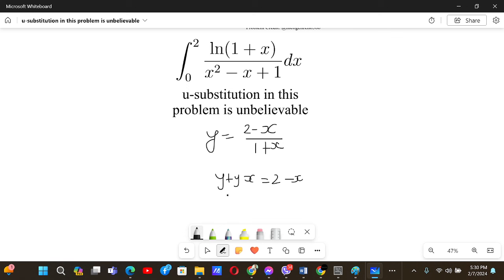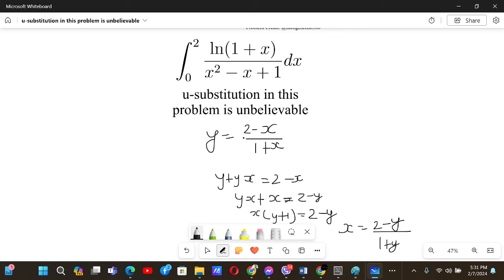That gives us yx plus x equals 2 minus y. Then x times (y plus 1) is equal to 2 minus y, and then x equals (2 minus y) by (1 plus y). You can notice that both of them are actually the same.